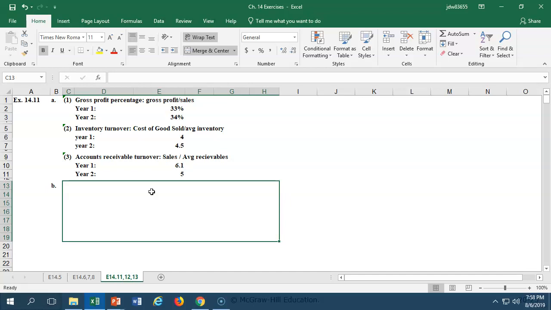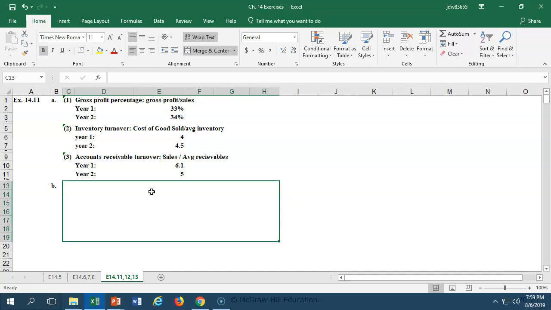Receivable turnover is increasing, so it's not taking longer to collect. No, that's a good thing. That's like a shorter time, so that's actually a favorable result. So both the inventory turnover and accounts receivable turnover are trending in a favorable way.